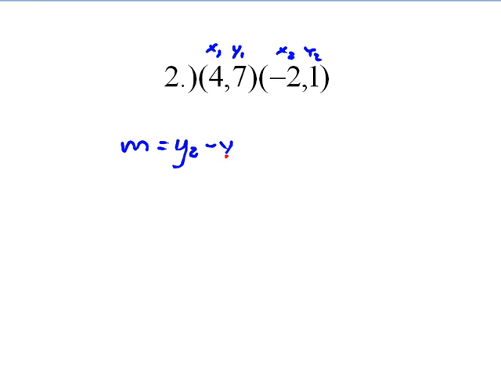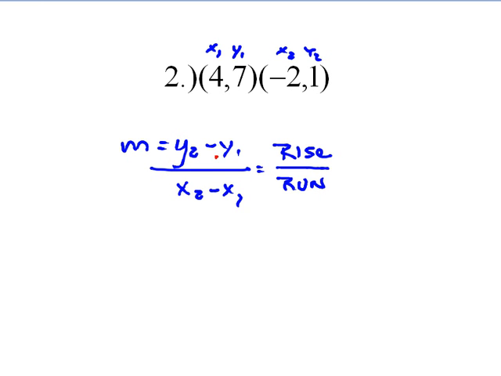Y2 minus Y1 over X2 minus X1. Just a little side tip. This is referred to as the rise over the run. You may have heard that term before. Rise because it's in the y direction. Run because it's in the x direction. So that may help you to remember it.